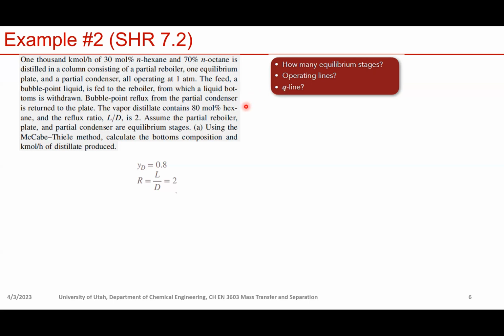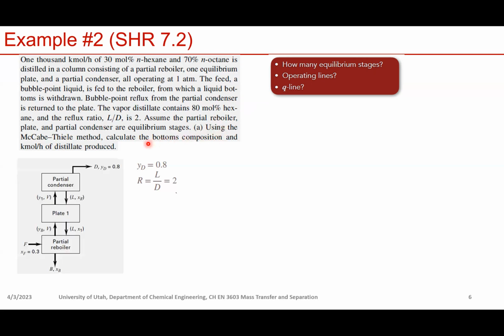Now, to answer this question, let's look at the structure of this distillation column. We have 3 stages: partial condenser, plate 1, and partial reboiler. We feed the feed into the partial reboiler. We know the composition of the distillate and also the L/D ratio.